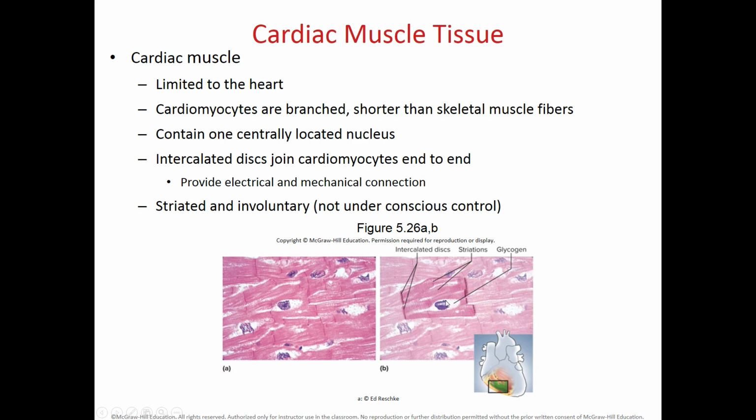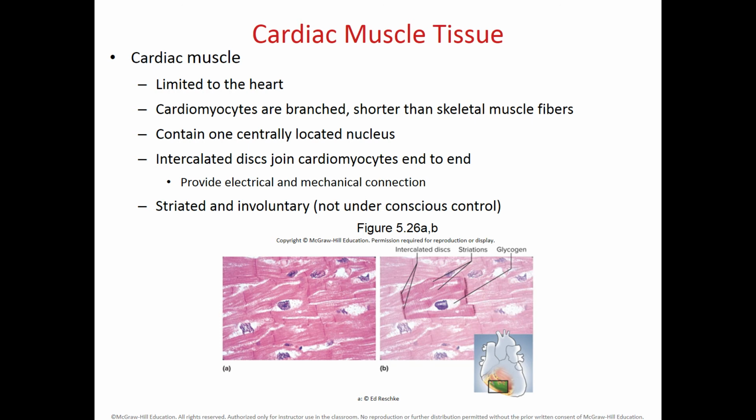And these fibers, similar to the skeletal muscle fibers, sometimes have a storage of glycogen. Glycogen, remember, is polymers of glucose in chemical bonds that allows the production of energy.